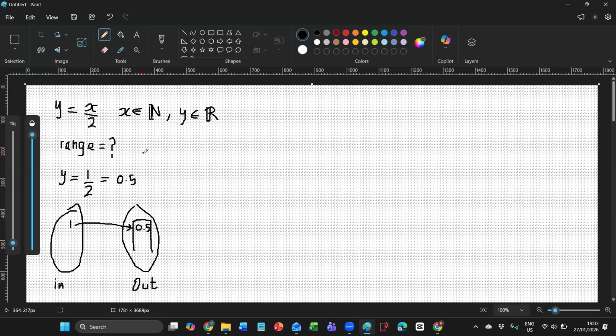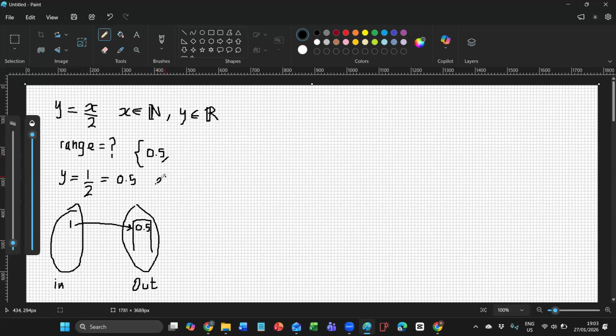So the range, well, I can't even really say that it's... So the range is going to be, you can think of it as a set that starts with what? 0.5, followed by what?